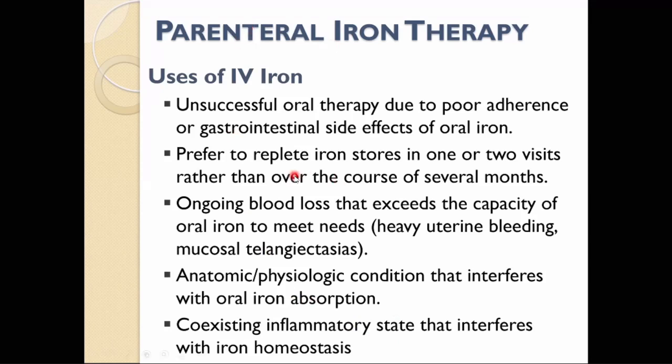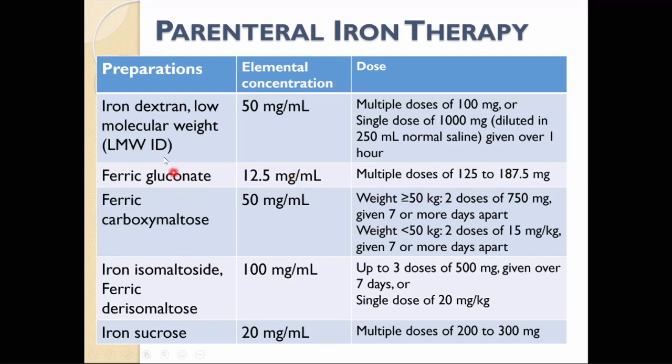And there are different preparations of parenteral iron available. You have iron dextran. There was a high molecular weight iron dextran, but it had a lot of side effects, including a higher incidence of anaphylaxis. Because of that, this high molecular weight iron dextran is no longer in use, and what we have is a low molecular weight one, which has better tolerability and a better side effect profile.